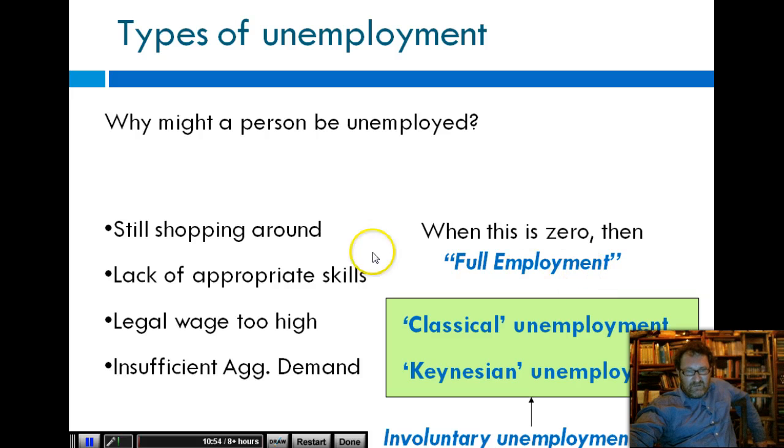There can still be frictional unemployment. There can still be structural unemployment. But you're operating at full employment, simply because the definition of full employment these days is no involuntary unemployment. It's just a definitional issue.